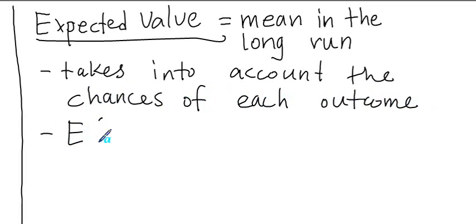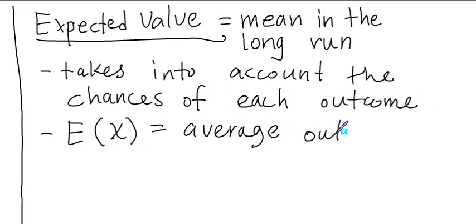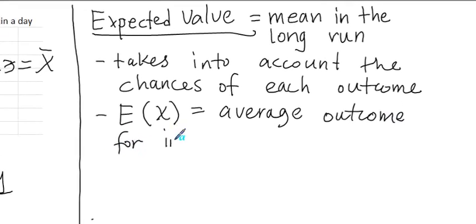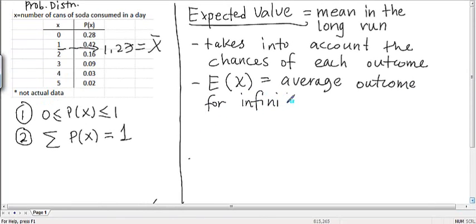And we abbreviate the expected value as E of X. And it's the average outcome. That's why we also call it the mean in the long run. It's the average outcome for infinitely many trials.